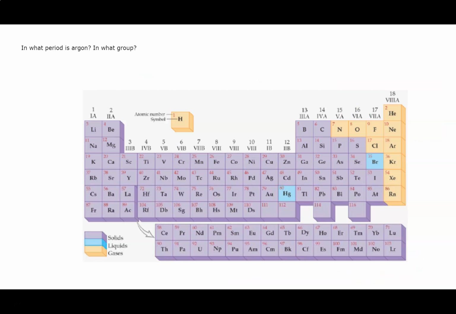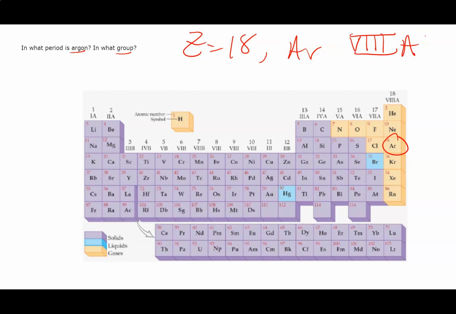Okay, so let's look at some questions here. This question asks, in what period is argon and in what group? So let's do the group first because the group is always given. So here's argon. Atomic number is 18, symbol Ar. And the group, you have two options here, but I'm going to use the North American system, 8A.